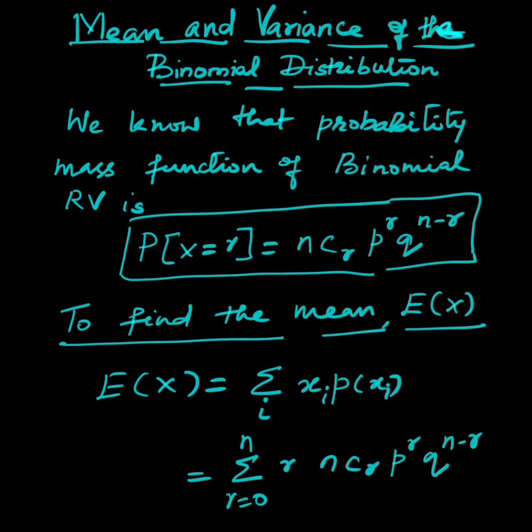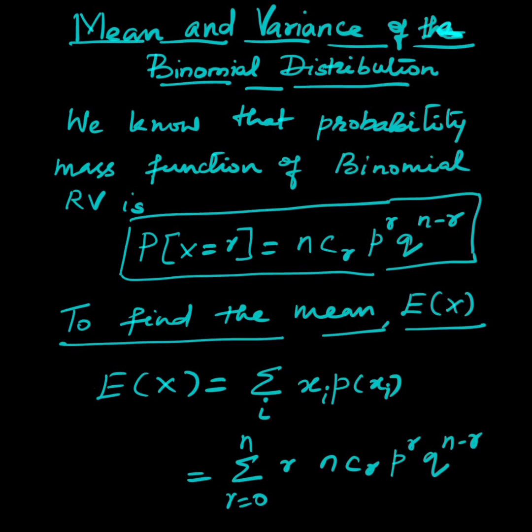Now the mean derivation. E of X, that is the expected value of X, is known as the mean, which is given here as sigma of x into the corresponding probability value. Actually, the random variable X takes values from 0 to n because out of n trials, success can be either 0 times, where the event didn't happen at all, or n times.